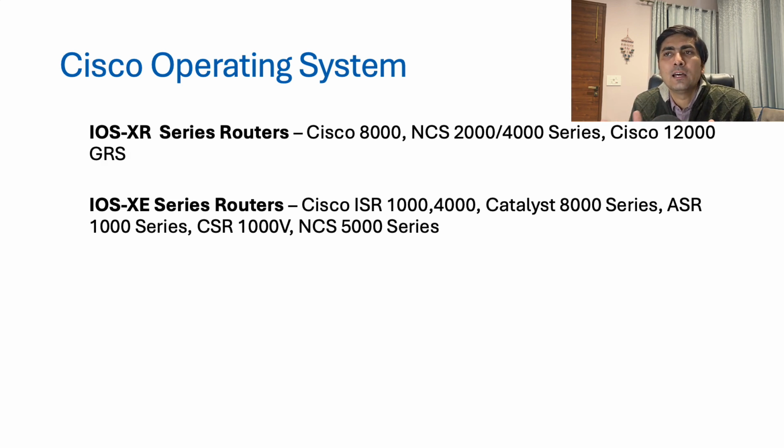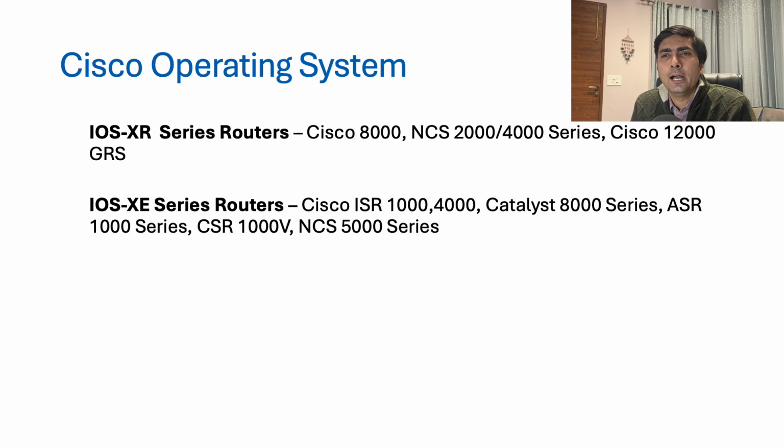For the XR series, we have the Cisco 8000 series, and NCS 2000 and 4000 series. NCS stands for Network Convergence Series. Also the Cisco 12000 series GSR router, that is Gigabit Switch Router.